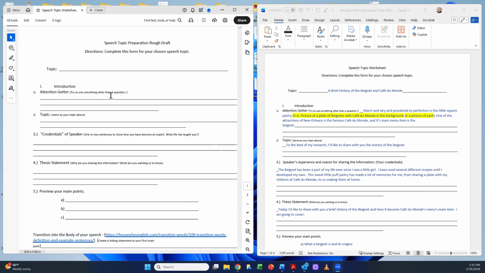You have your attention getter, you introduce your topic, you say why you're an authority on this topic, or what makes you the authority about it. You preview the main points and then you transition into the body of your speech.